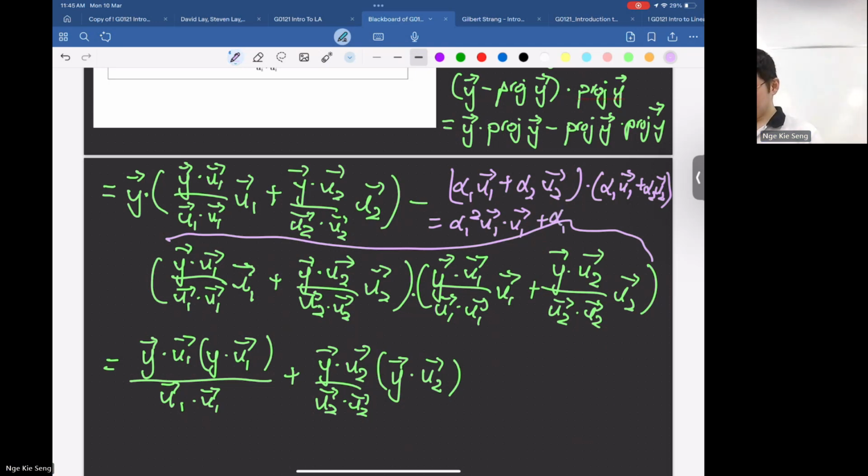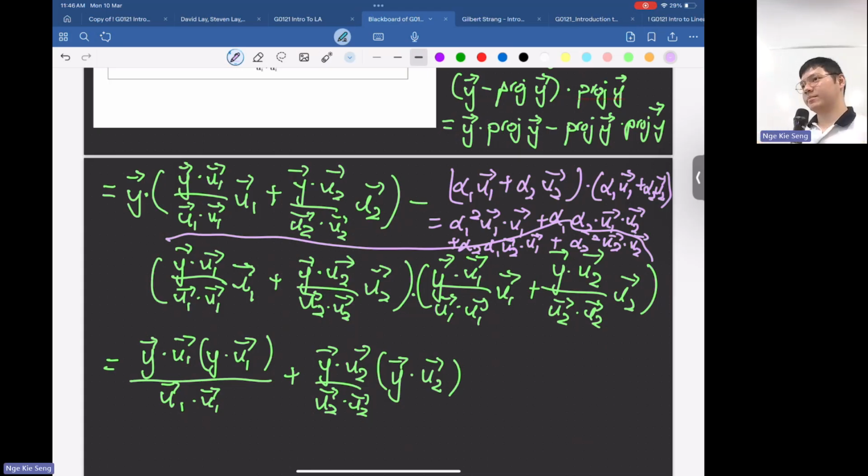Alpha 1 alpha 2 u1 dot u2, and then alpha 2 alpha 1 u2 dot u1, plus alpha 2 squared u2 dot u2. So there are so many terms here.